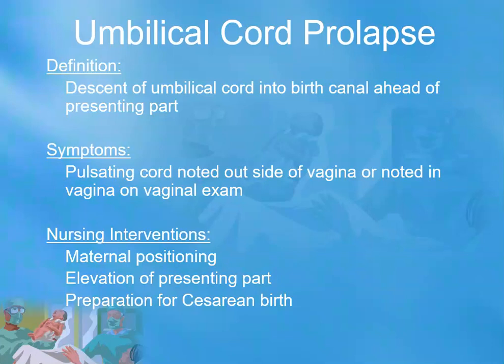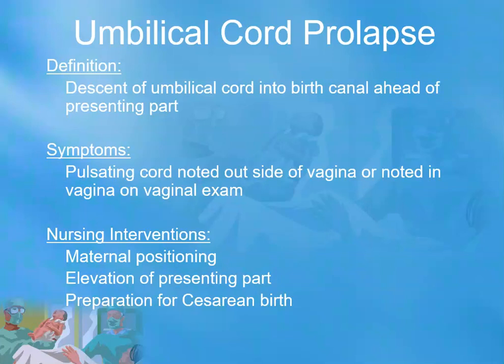It could be emergent, but as soon as we find it, you will hold that presenting part off of that umbilical cord until that baby's sectioned and that baby's removed outside the abdomen. So again, you will hold that presenting part up. It's difficult. You get under the drape until that baby's C-sectioned out. But we do what we have to do to get that baby out and get that baby stable.